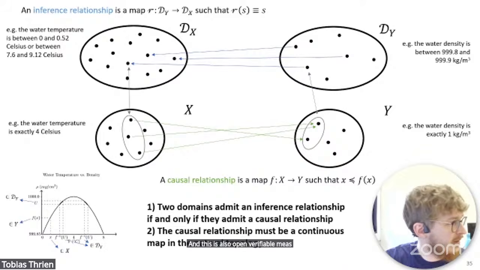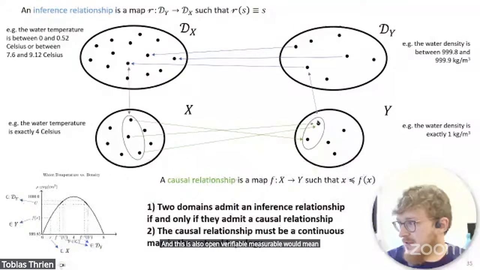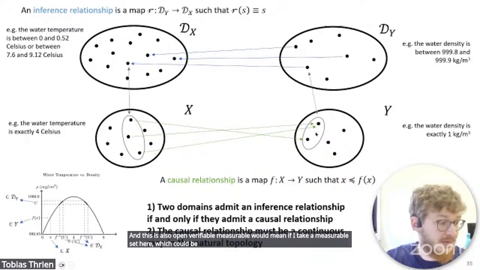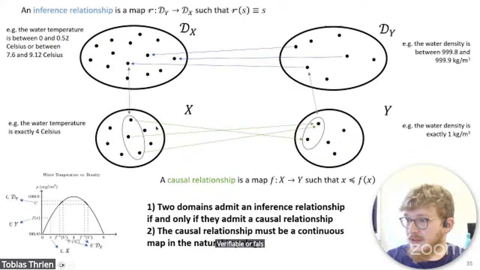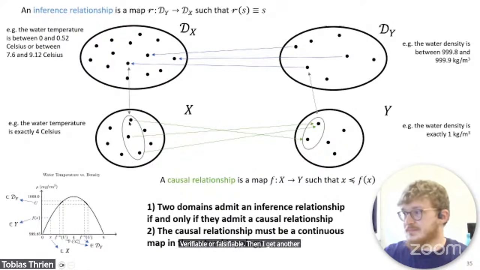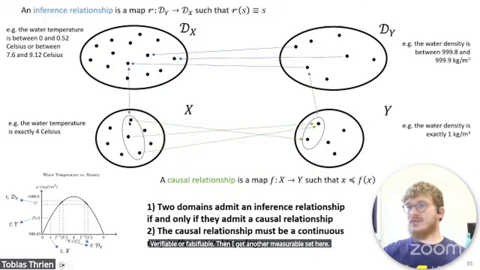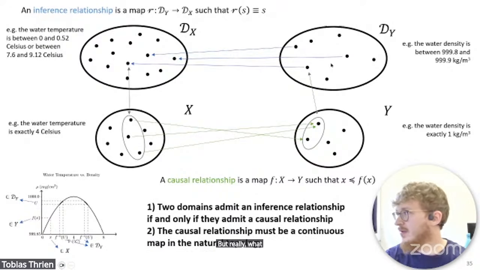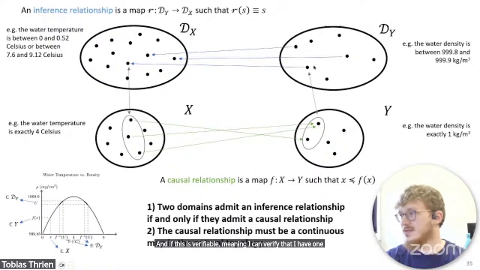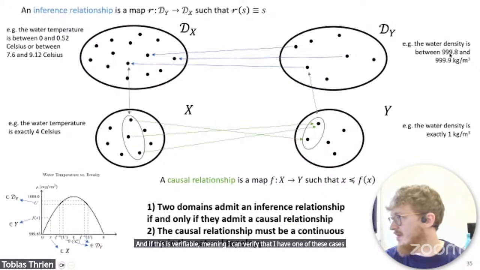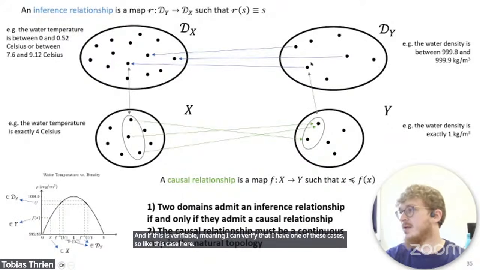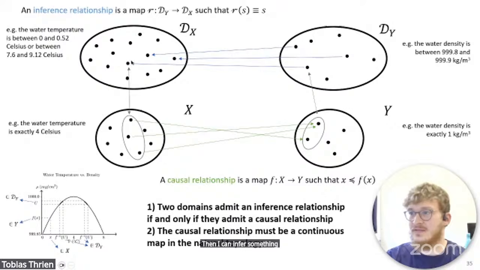Measurable would mean if I take a measurable set here, which could be verifiable or falsifiable, then I get another measurable set here. But really what I want is that if this is verifiable, meaning I can verify that I have one of these cases, like this case here, 999.8, then I can infer something that is still verifiable.